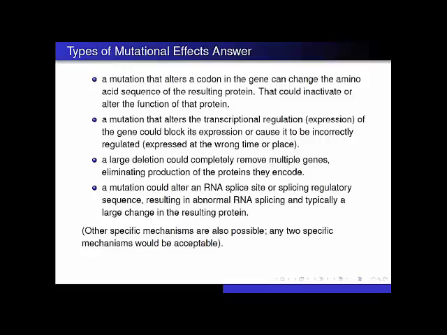Maybe a mutation would screw up the transcription. Maybe the RNA wouldn't be made at all for that gene. And there are other possibilities. All you were asked for here is to come up with any two plausible molecular ways that a mutation could change function.